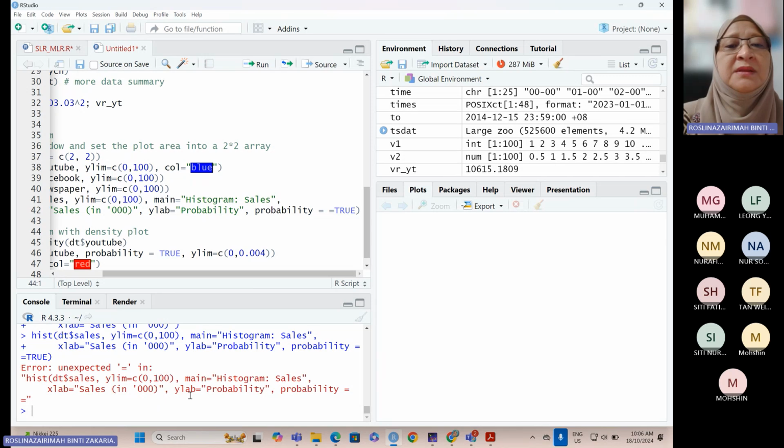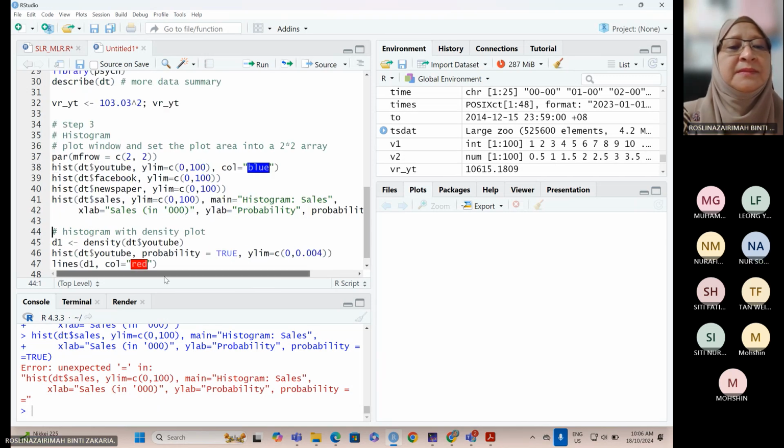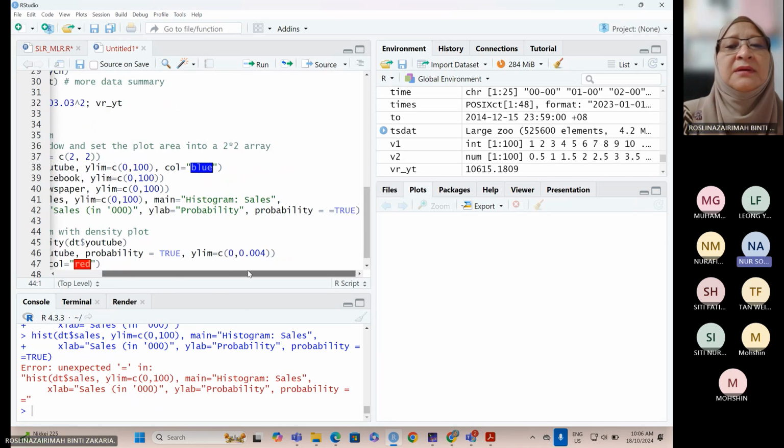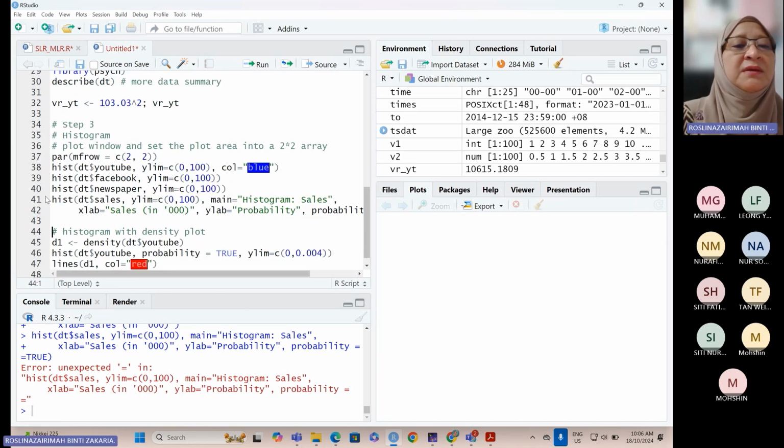Probability. YLab probability. Where is it? Main, xlab, ylab. I'm not sure why it's not working by right.